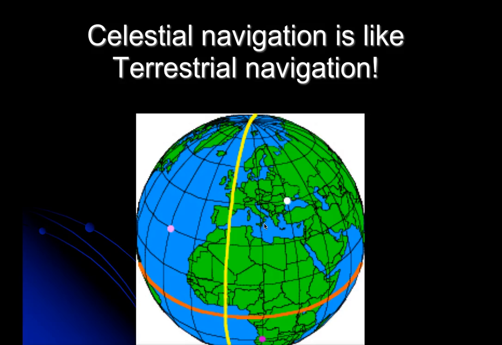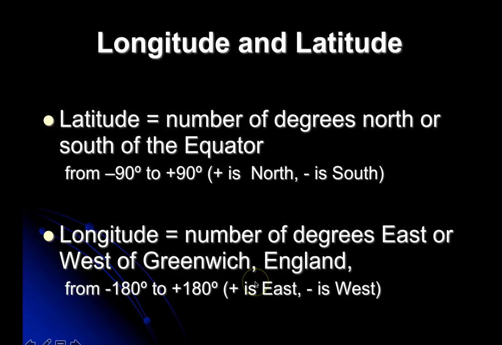It's sort of like terrestrial navigation, the celestial navigation. Remember, after all, the celestial sphere is just a sphere that has this Earth nested inside of it. So if I move around on the Earth using latitude and longitude, then I should be able to do the same thing for the celestial sphere, and that's indeed what I do.